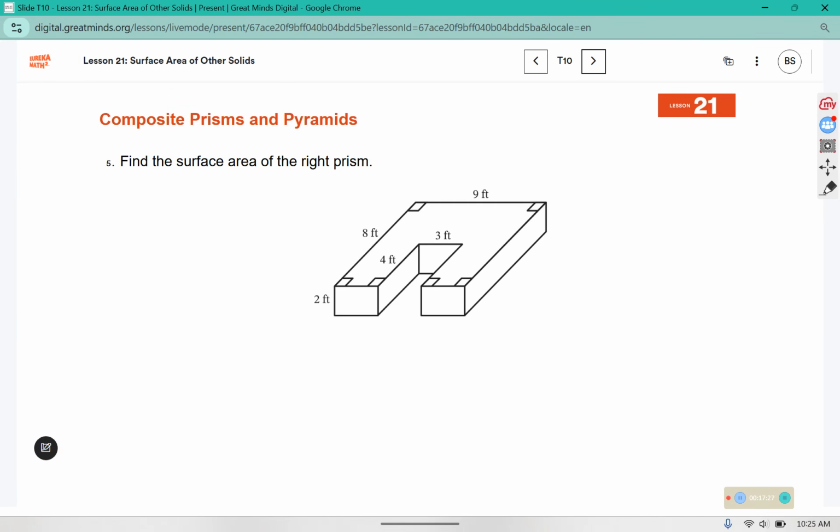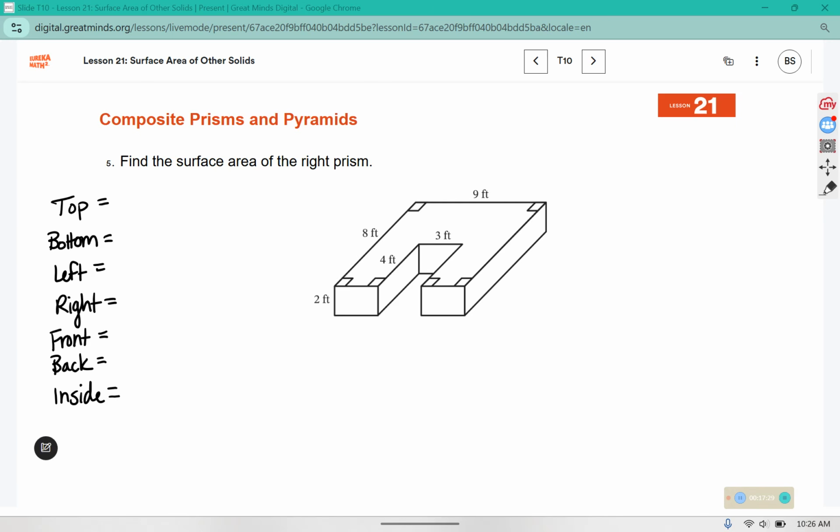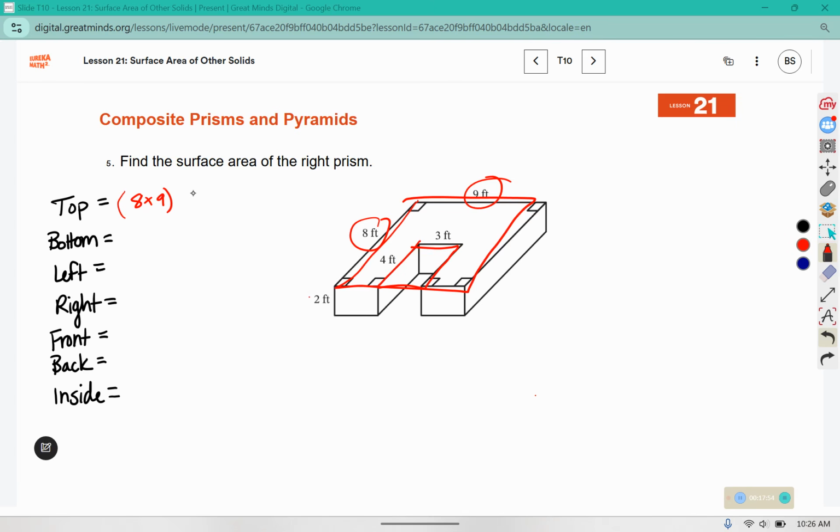Find the area of this prism. Again, I like to just jot down all of the pieces that I'm going to need to help organize my thoughts. For the top, if I had a full rectangle on the top, I would have an 8 by 9. But I am missing a section that is 3 wide and 4 long.